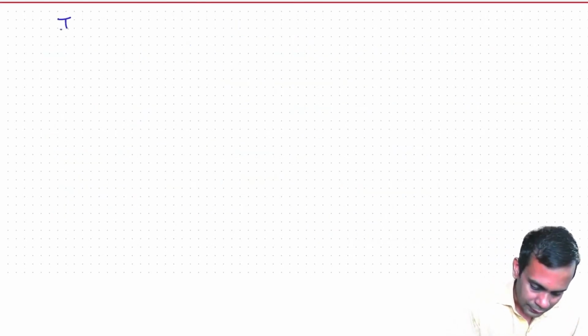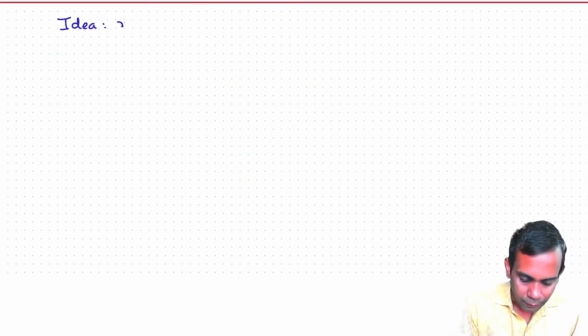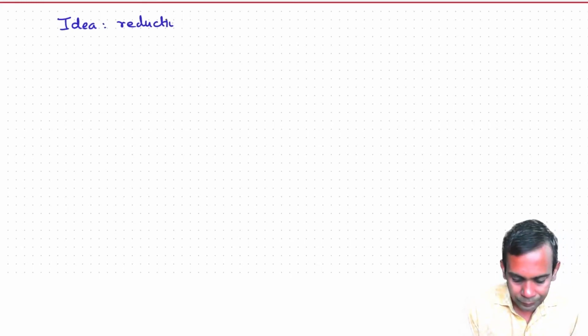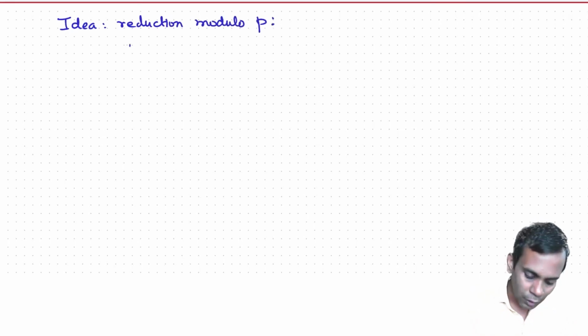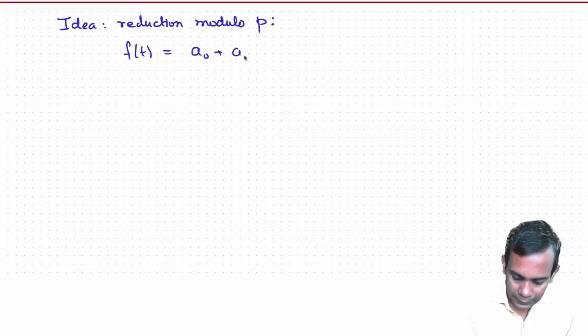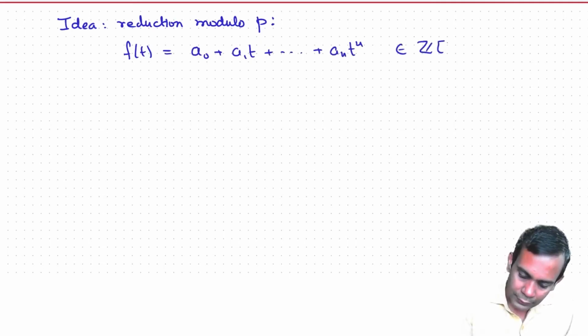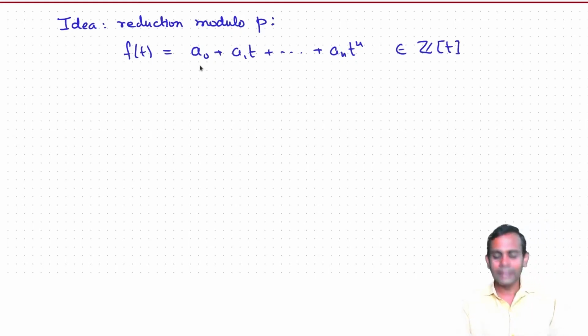So the idea is reduction modulo p. So if you have a polynomial f(t) equals a0 plus a1 t plus an t to the n with integer coefficients, then you can take each of these coefficients and reduce it modulo p.